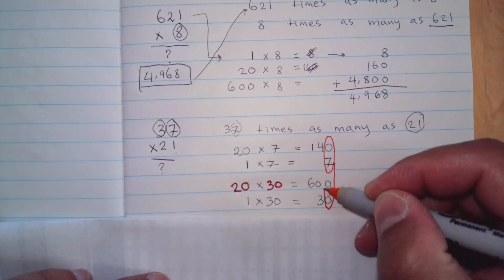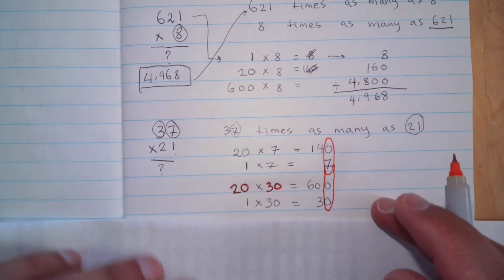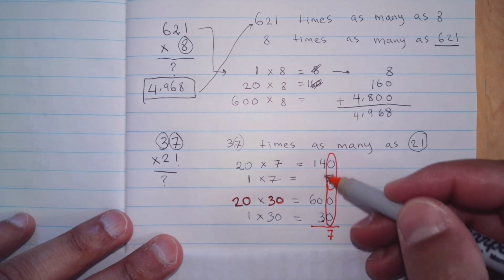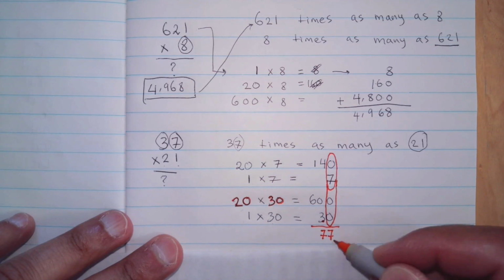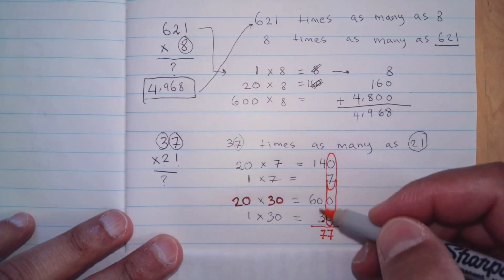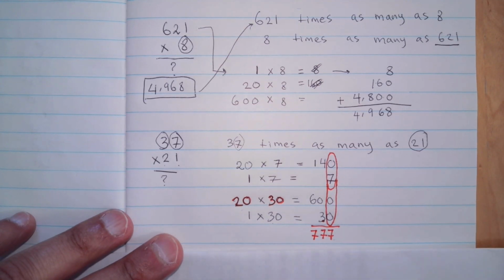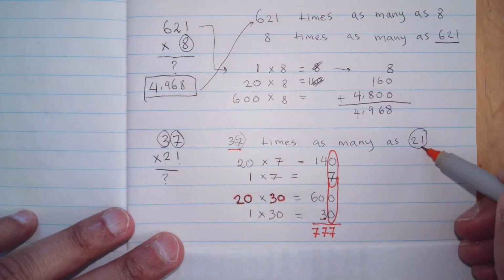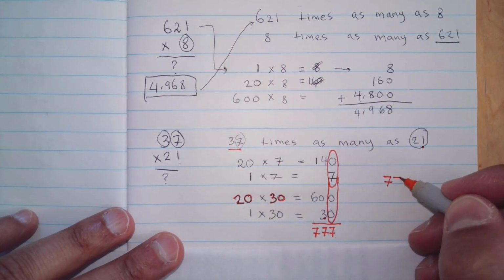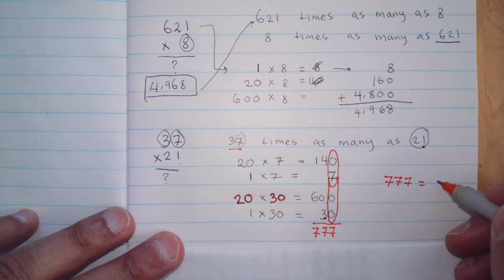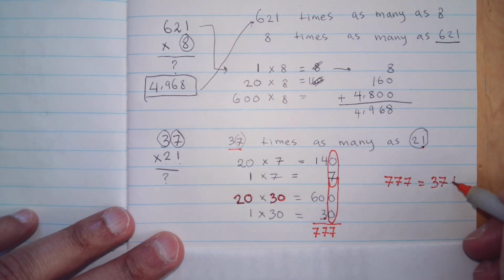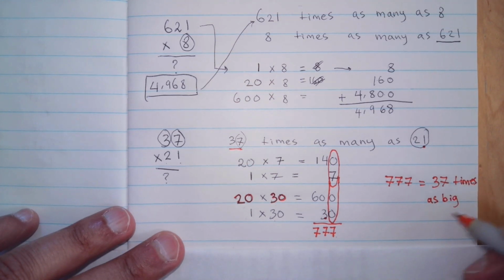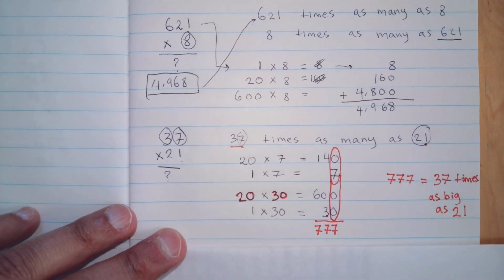So now, making sure that I'm adding my digits correctly, 7 plus 0 is 7. 3 tens plus 4 tens, that's 7 tens. 100 plus 600, that's 700. So that's 777. So what is that mystery number that is 37 times as many as 21? 777 is that number that is 37 times as big as 21.